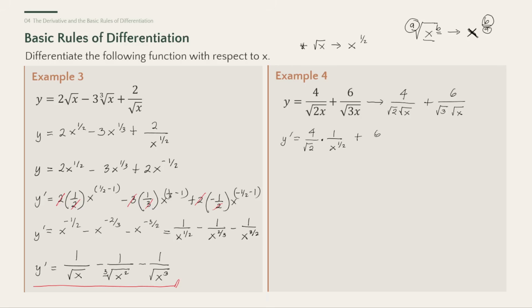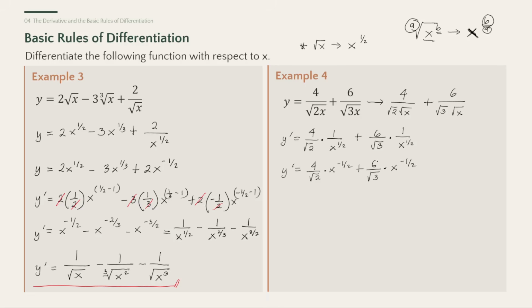Then we have 6 over square root of 3 multiplied by 1 over x raised to 1/2 also. Then to apply the power rule, we need to put the x raised to 1/2 in the numerator, but reverse the sign. So we have 6 over square root of 3 times x raised to negative 1/2 again.